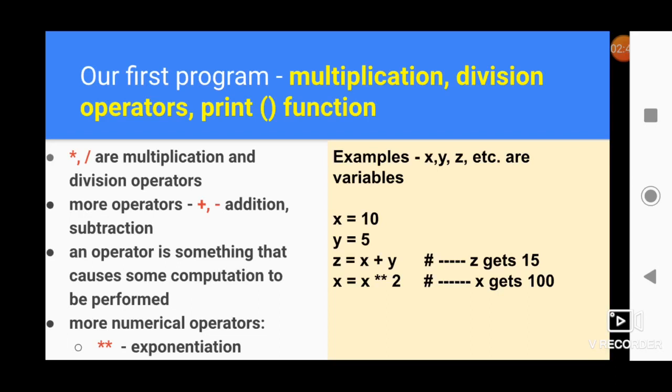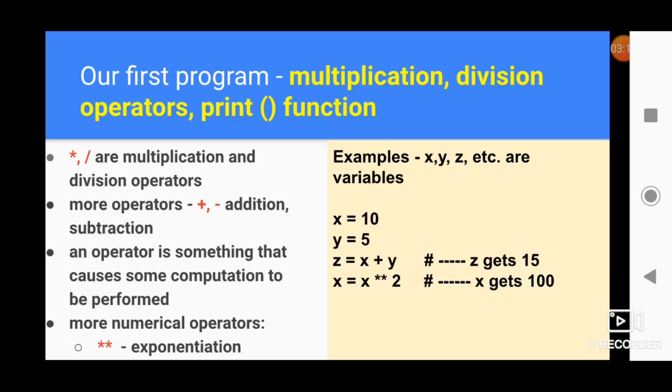The value of x, which is 10, as we can see in the first line, x is equal to 10, is stored in the variable x, and in the fourth line we write on the right hand side of the assignment operator x double star 2. The double star symbol represents the exponentiation operator, and it works as follows. The value of x, which is 10, is raised to power 2. So 10 raised to power 2 gives us 100.